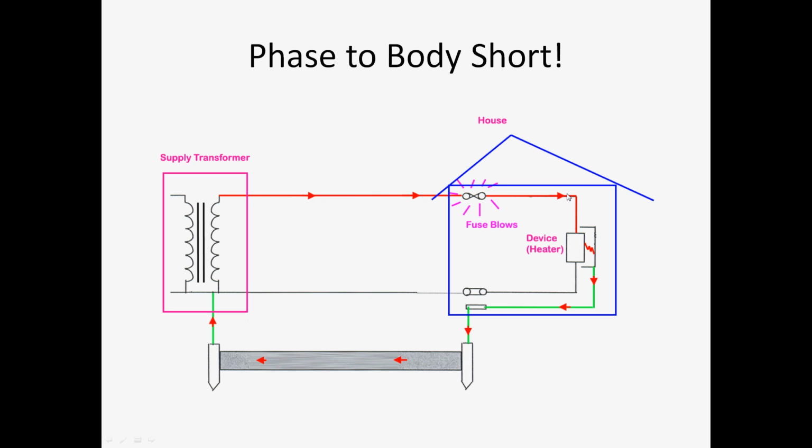The current flows from the phase to the fault point, and from the fault point to the earth wire. The earth wire will be connected to this body, for protection, for passing this current to the earth. So the current flows from the body through the earth wire to the earth electrode at the site or at the house.